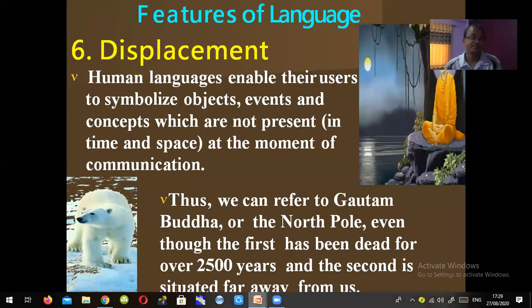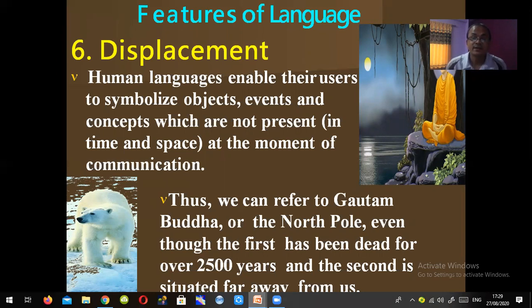Next feature of language is displacement. Using language, we can talk about past, future, present, and distant things.